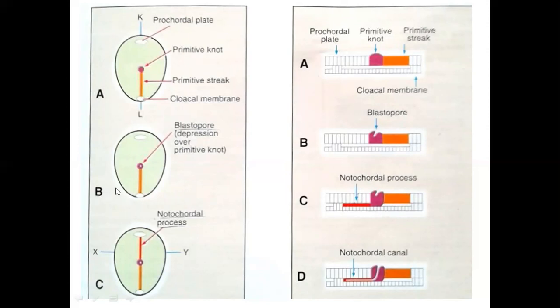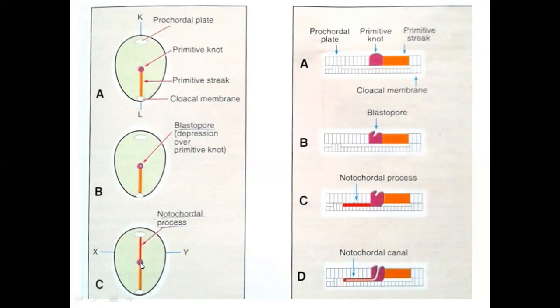If you see diagram B, the blastopore is a small depression; from there a hole is formed in this knot, and this is called the blastopore. In diagram C, after multiplication, cells proceed in the further direction up to the procordal plate, and this notochordal process later on forms the final notochord.